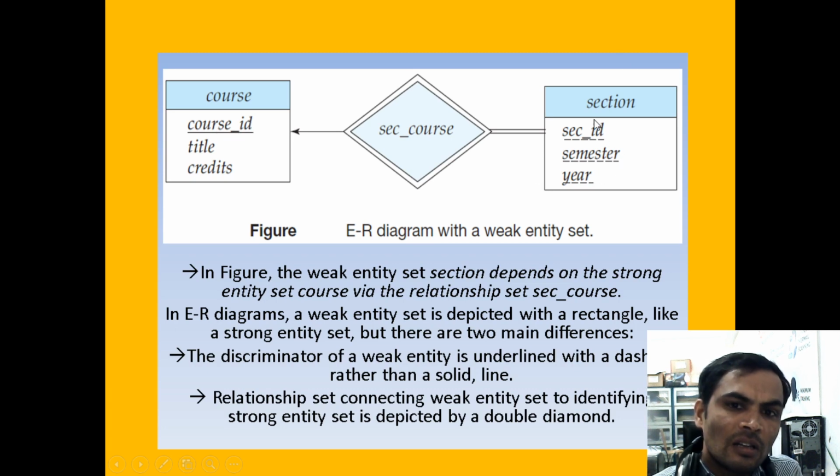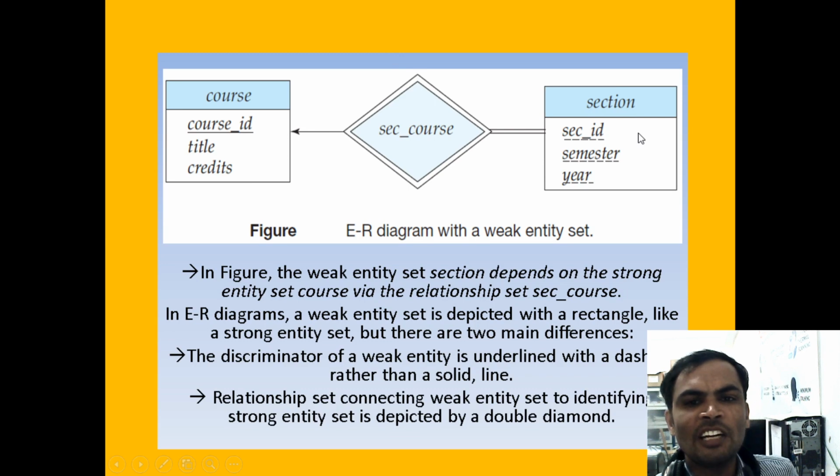Now see here the total participation of the weak entity set. Total participation means all the section entities should be associated with a participant under Course ID. If you want to make section a strong entity set, we can use Course ID under Section, and then we can call it a strong entity set.